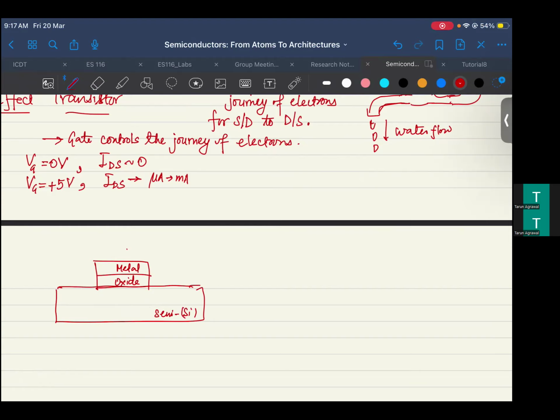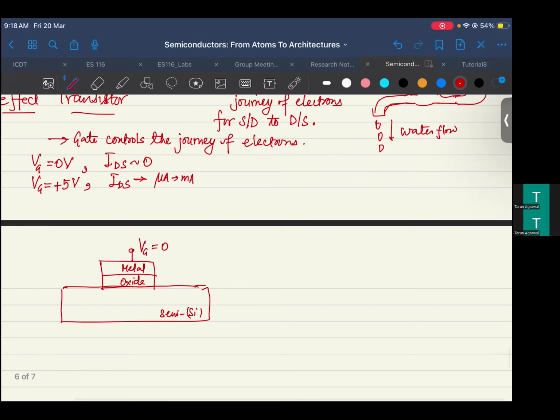When Vg is equal to 0, what is the condition of silicon? That depends on the initial condition of silicon, because you have not applied any voltage, so no field. Now what is happening in this particular stack? We see this metal, a semiconductor on the other side, and a body terminal here.